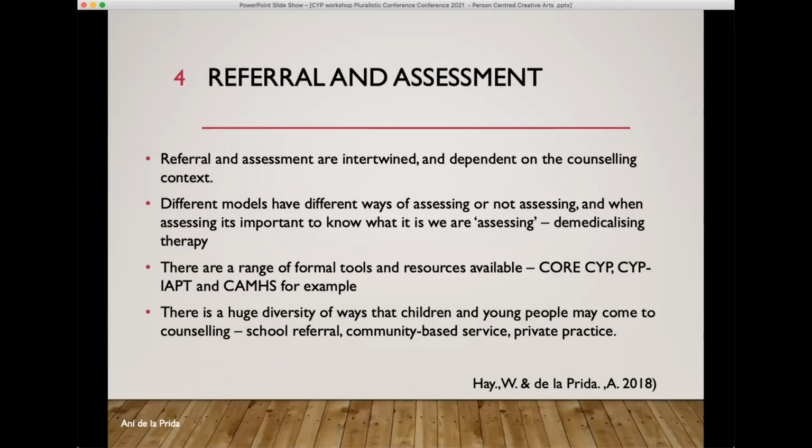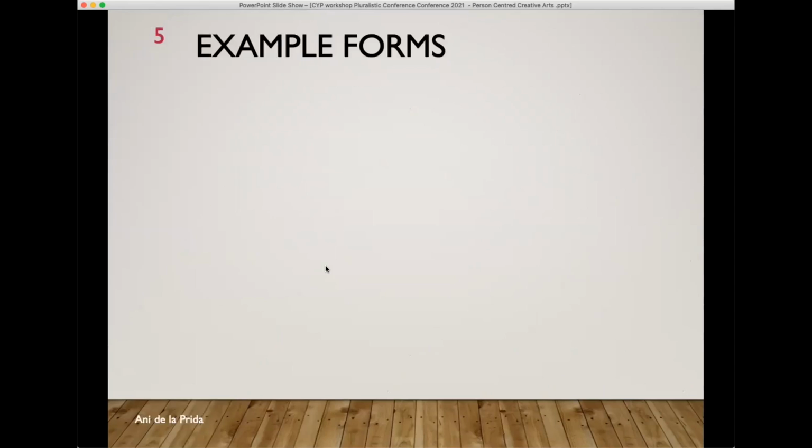And that really shapes things: if a parent is bringing a child and paying, that's a very different context to a child at school who has been referred by a teacher. Do you agree? That's a very different context around the child, and that changes expectations, of the therapist maybe, and of the child and young person. So that's a real influencing factor.